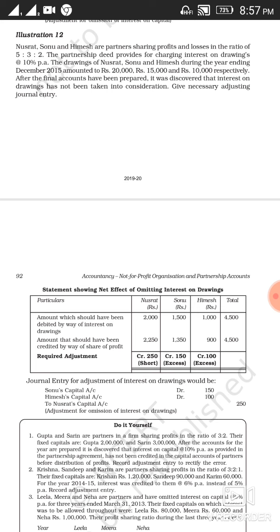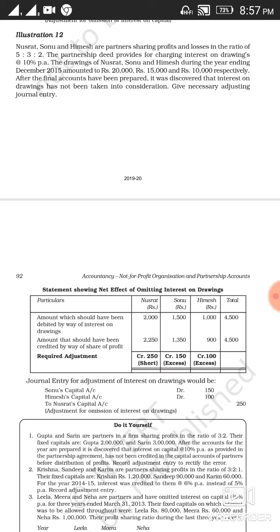Now, by reading this text, you can make out that there are three partners, Nusrat, Sonu and Himesh. They are sharing their profit and loss in the ratio 5:3:2. The deed provides for charging interest on drawings at the rate of 10% per annum.